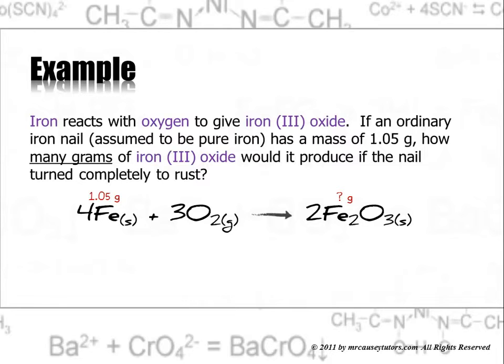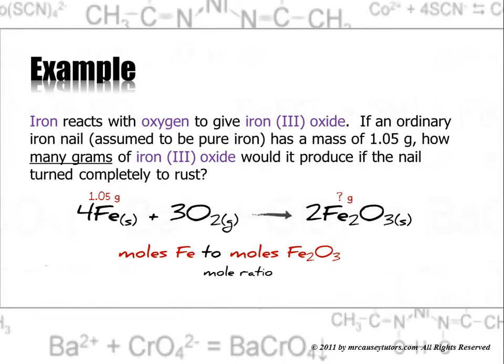Now I'm going to write in what I know, 1.05 grams, and what I'm looking for. And that is, I'm looking for grams of iron 3 oxide. First thing I'll do is I'll take the grams of iron and change it to moles of iron. And I'll do that with the molar mass. I can get that right off the periodic table. Then I'm going to take moles of iron and change it to moles of iron 3 oxide. Now that's kind of where the magic is.